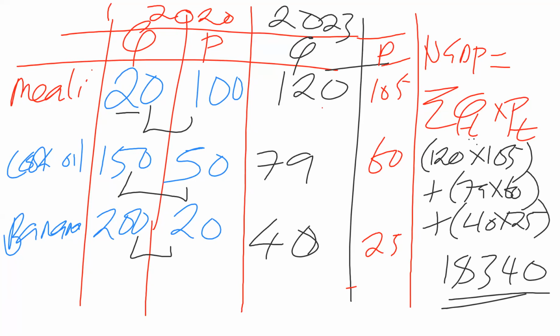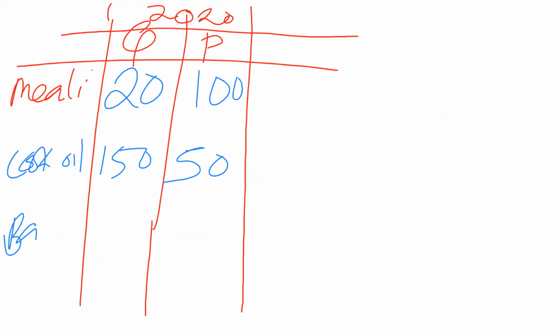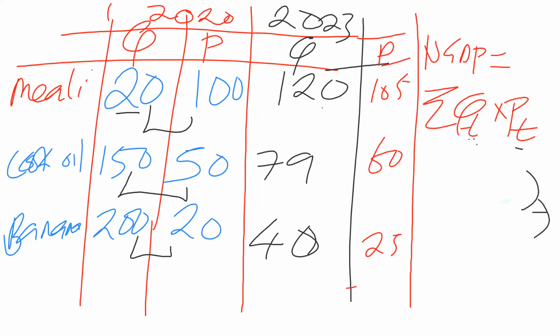Now let's look at the real GDP. How do you do it with the real GDP? This is the formula for real GDP: real GDP is the quantities of that year times the prices of the base year. Have you seen that?